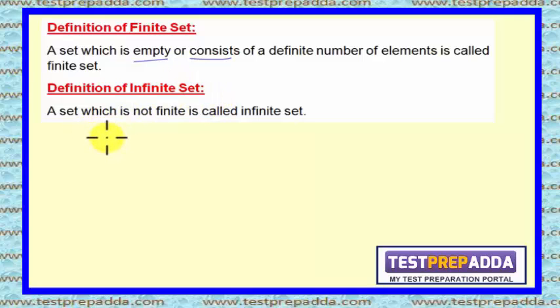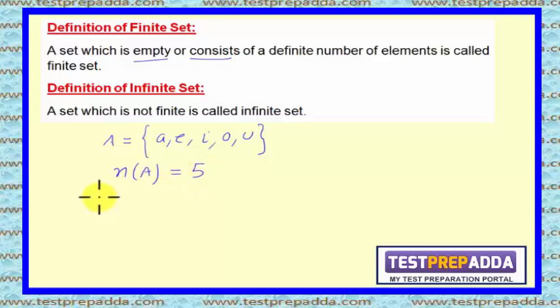I'll take an example. If you take set A, the set of vowels, I will write this as a, e, i, o, u. How many elements are there in this set? 5. So the number of elements, written as n(A), is 5. That is the cardinality of the set.